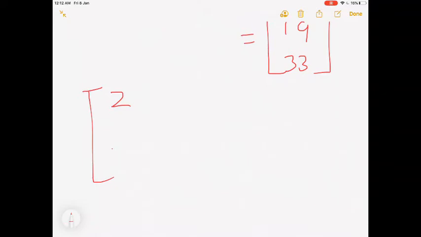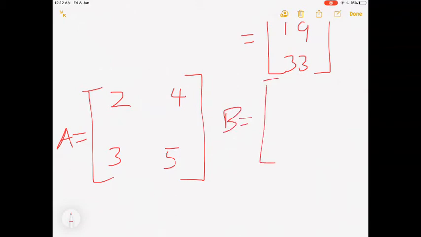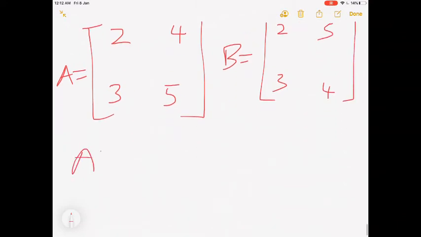by another 2 by 2 matrix. This is matrix A and matrix B. And we are required to multiply the 2 to find AB.